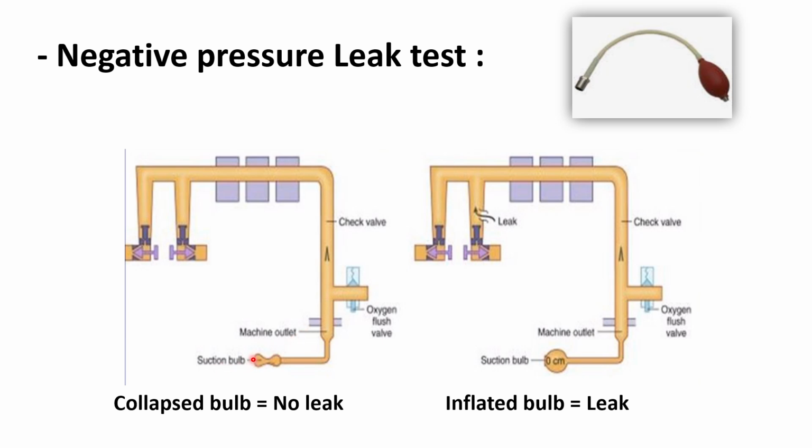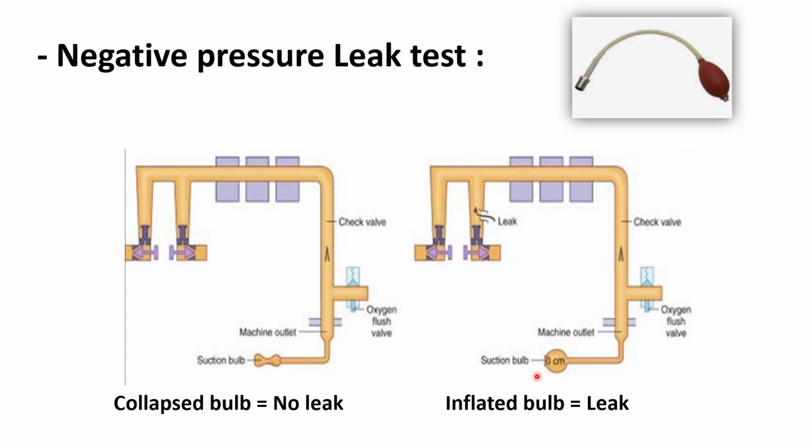Okay, I squeeze this suction bulb, creating negative pressure, and the flow meter and vaporizers are closed. If it remains collapsed, then I am sure that there is no leak, because it's still negative pressure and it doesn't get any air inside.